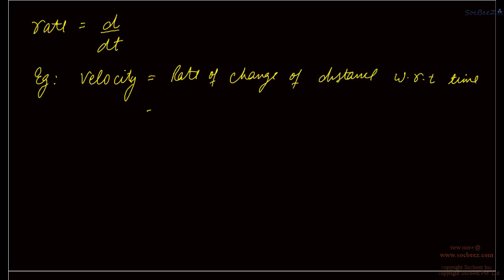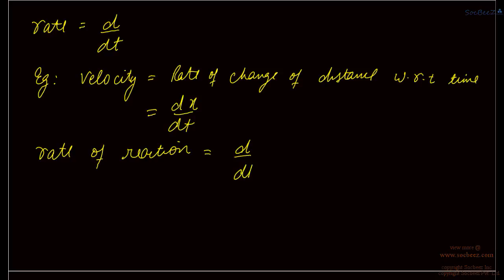And mathematically it is denoted as dx by dt. Therefore, in chemistry, rate of reaction is denoted by the rate at which the concentration of any reactant or product is changing. Therefore, in chemistry, rate of reaction is d by dt of concentration.